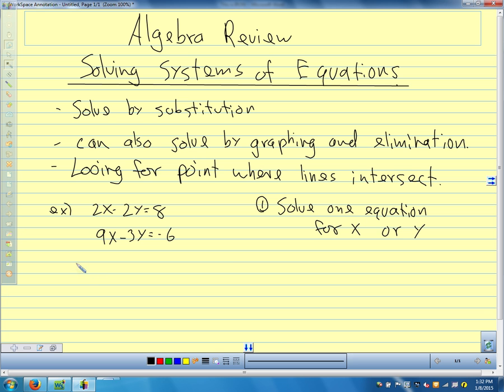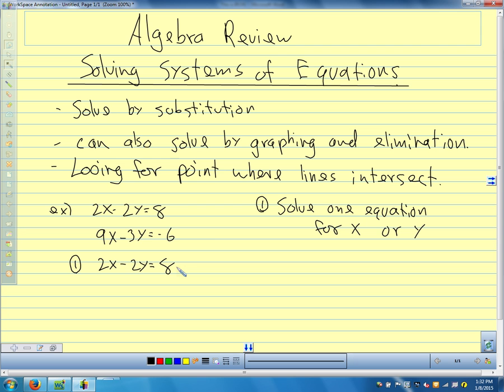So for this first one, I'm going to use the first equation because I can see that I can divide everything by 2 and it works out nicely. So here's our first step. I'm going to solve this one for x. So I have 2x minus 2y equals 8.